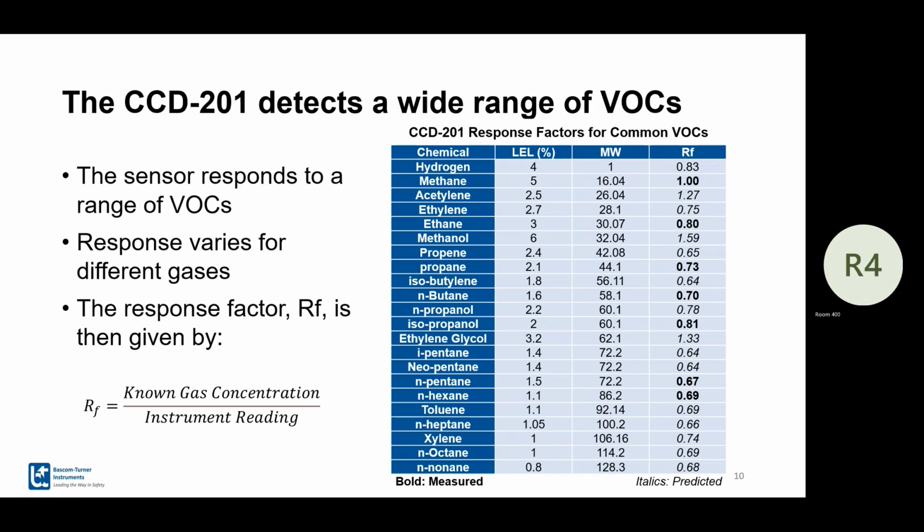Any questions? We looked at the response factors that EPA published way back with the OBA 108. Along with the OBA, they also compared to a catalytic combustion. So it was the Bacharach TLV Sniffer, but it's the same technology.